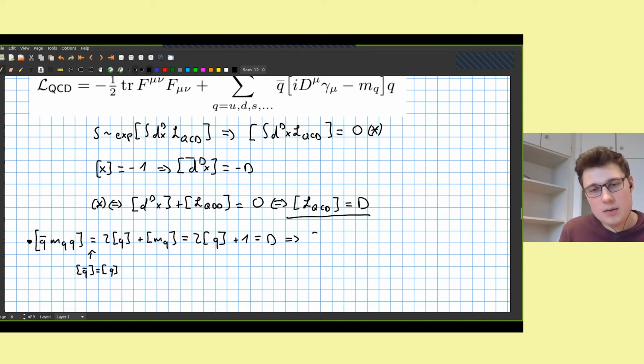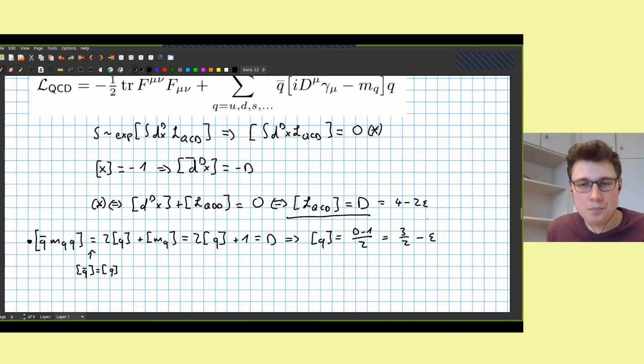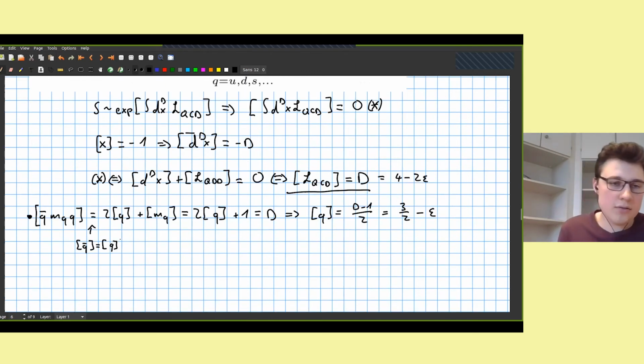This simply means that the mass dimension of the quark field is equal to (d minus 1) over 2, or writing out d, it is 3 over 2 minus epsilon. Of course, you know that d is equal to 4 minus 2 epsilon. Okay, so that's the first result. It will get a bit more complicated. However, let's simply have a look.